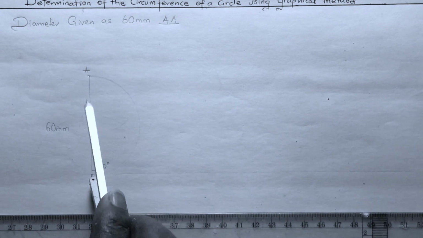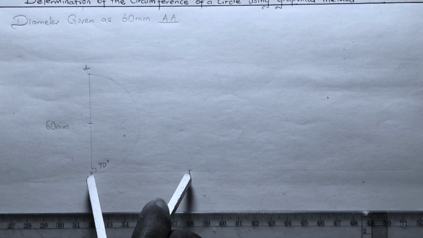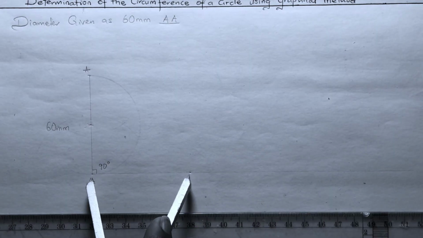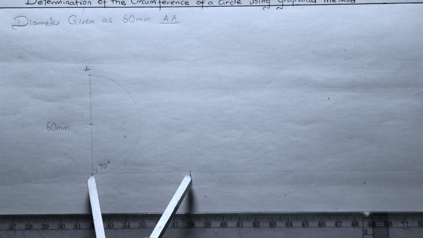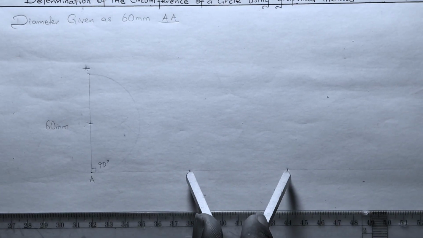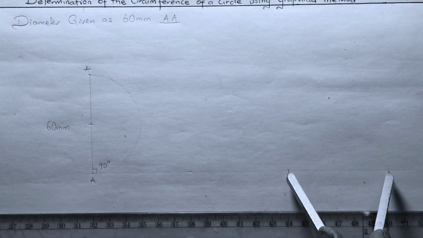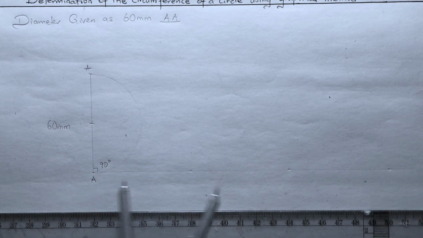With this point AA, we are going to step off our diameter on this line. So we have 1. Taking our point AA, we have 1. Then from here we have the point 2, and then we have point 3. So the instruction is to step off our distance AA 3 times.